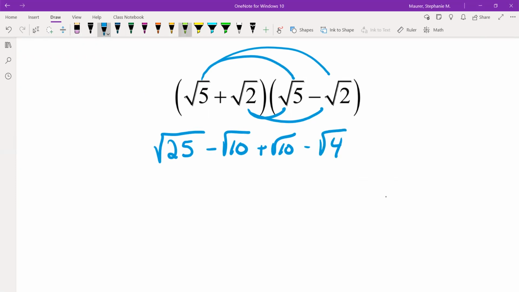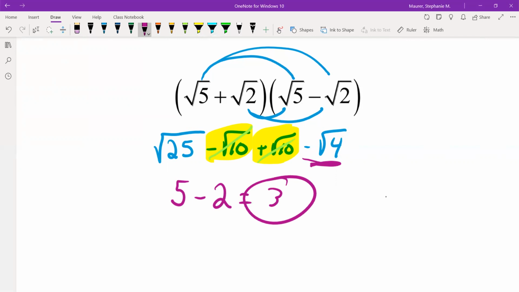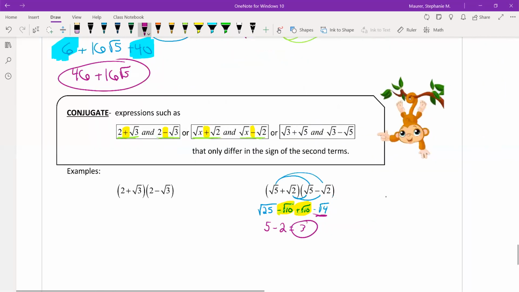If I start combining like terms, we do have the negative square root of 10 and a plus square root of 10. Those actually cancel out, right? The square root of 25, I'm going to simplify down to a 5. And then over here we have a minus square root of 4, so that's actually minus 2, giving us a positive number of 3.